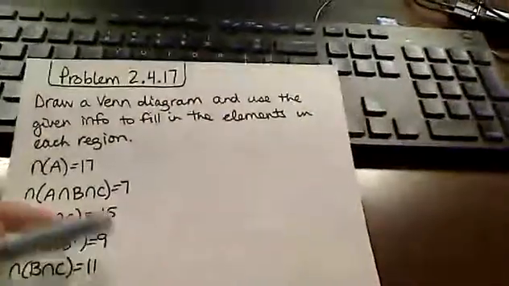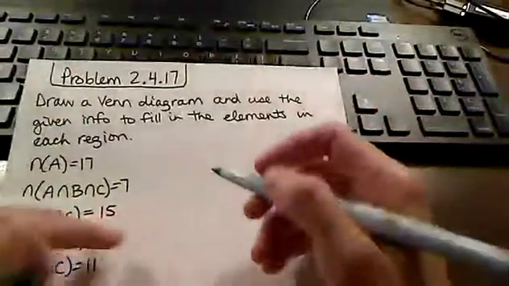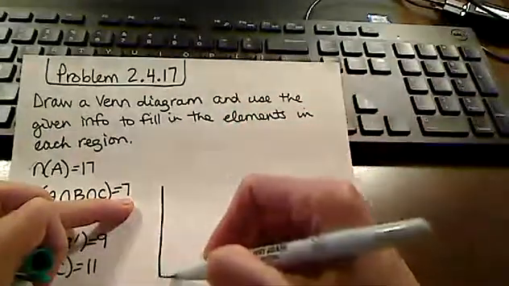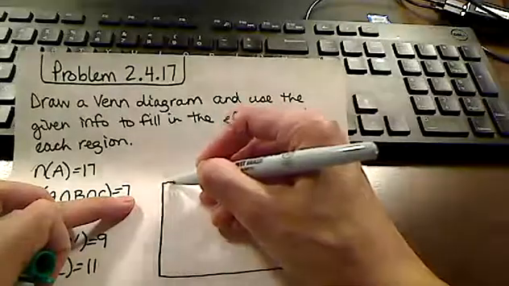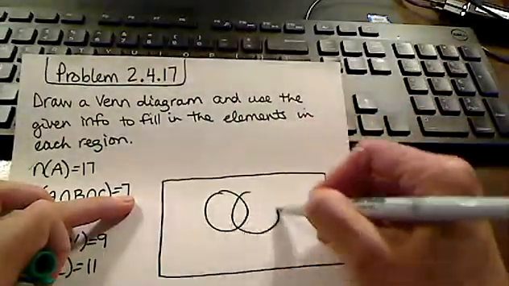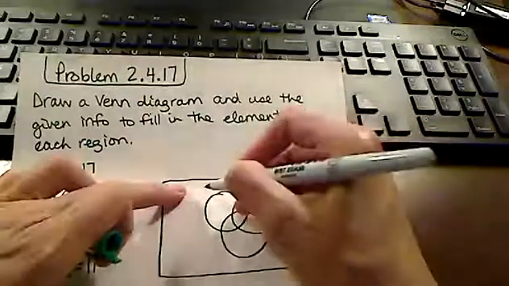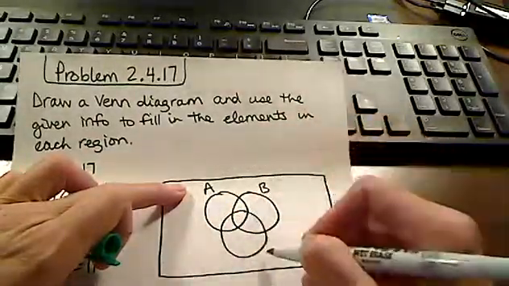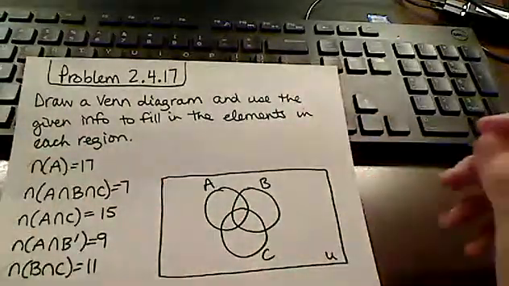All right, so the first thing that we always start with when we're doing a Venn diagram is the intersection of the three sets if it's given to us. And in this problem, it is given to us. So we can start with that.